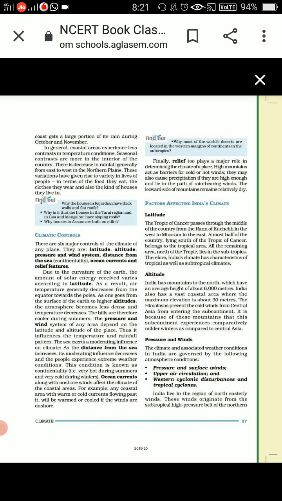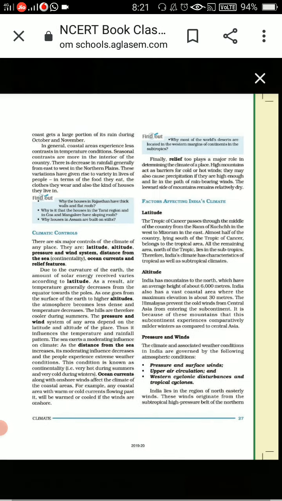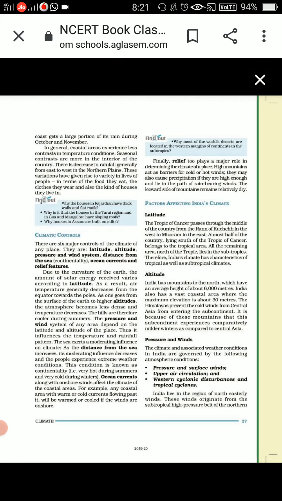Now next comes the pressure and the winds. You all know the climate is associated with all these atmospheric conditions. So first is pressure and surface winds, the second is upper air circulation, the third is western cyclonic disturbances and tropical cyclones. India is lying in the region of northeasterly winds.